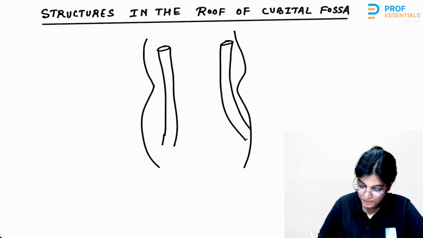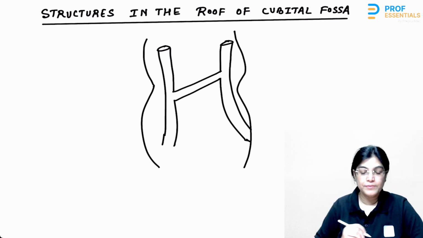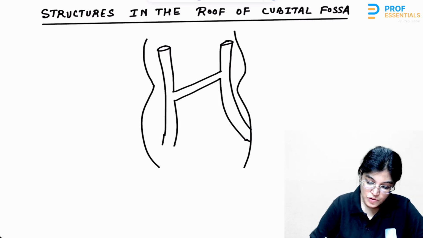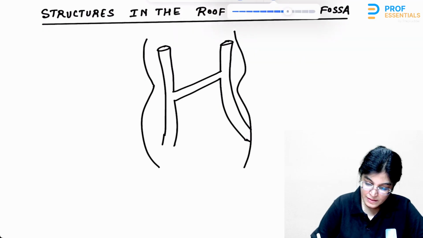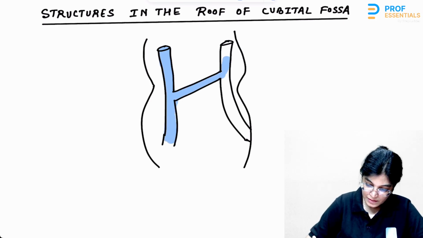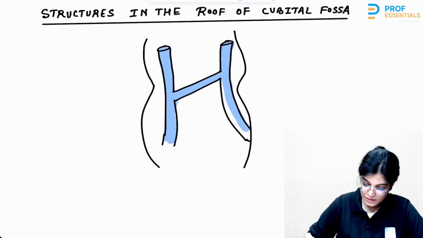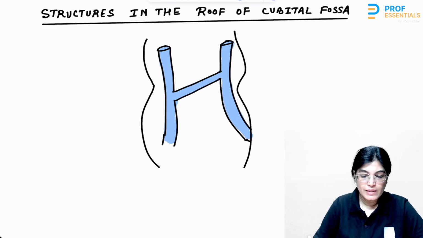And these two veins will be connected via the median cubital. So just use blue color for the veins. A clear diagram.